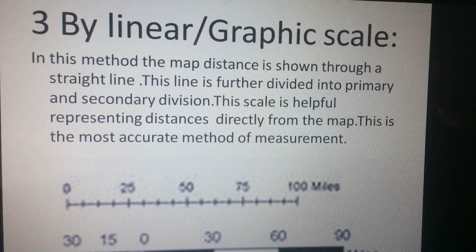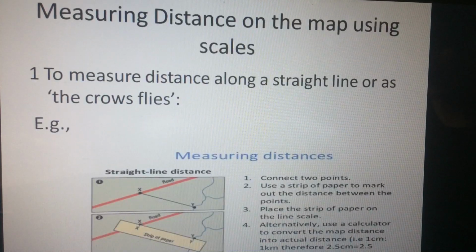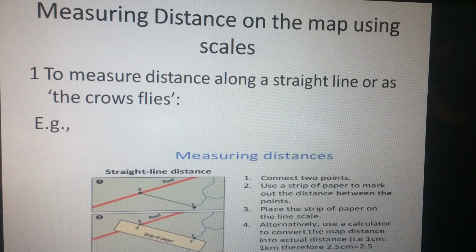Children, so far we have discussed what the scale is and its three types. Now we will understand how to measure distance on a map. To measure distance along a straight line, or as the crow flies, it can be done in two ways.